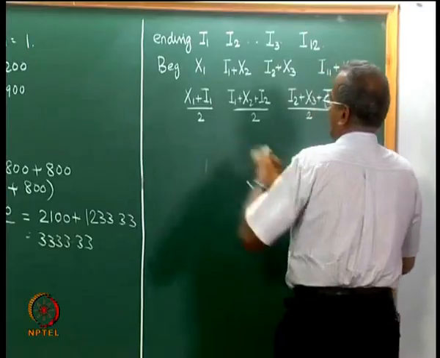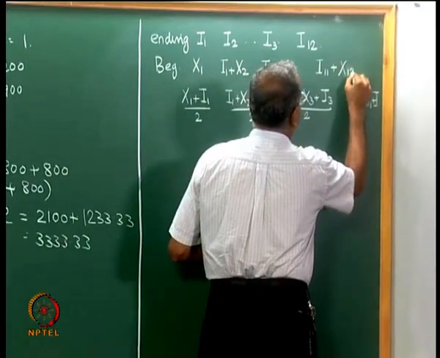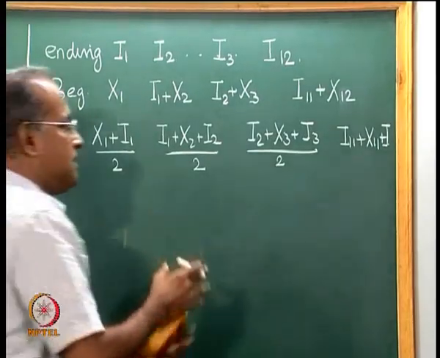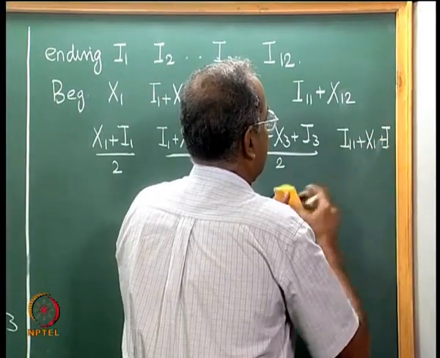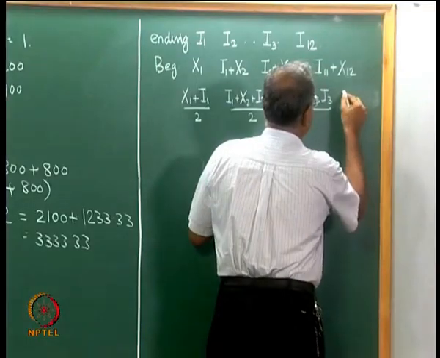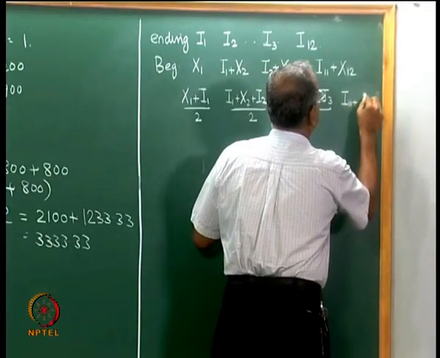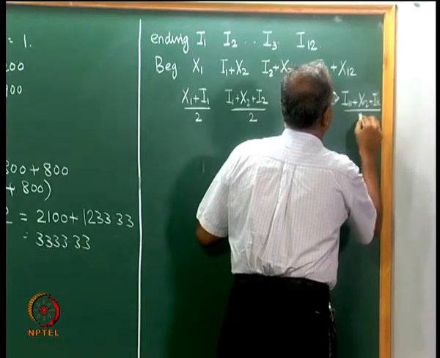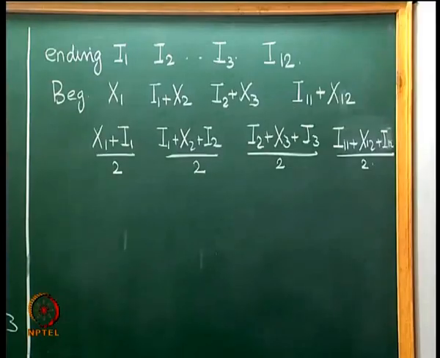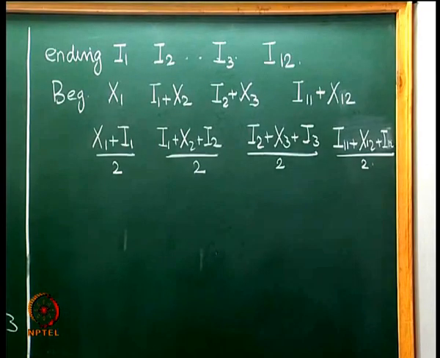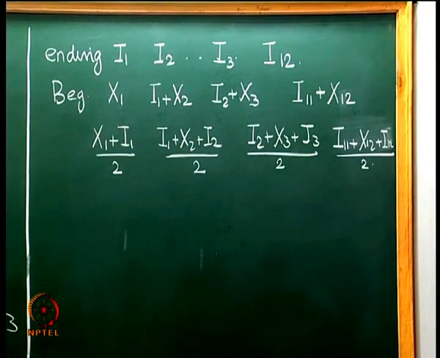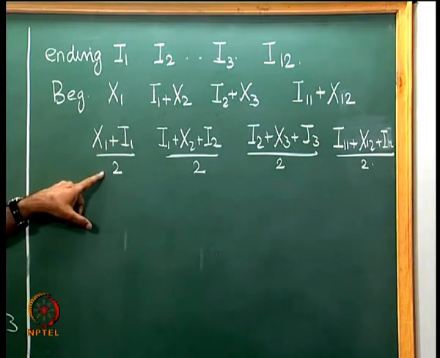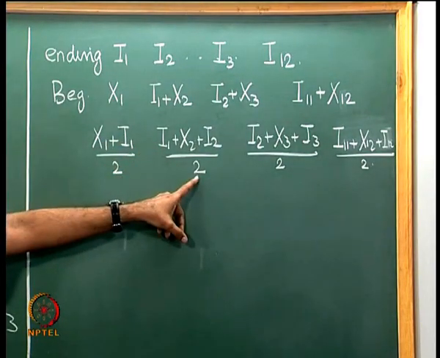For the 12th period, the beginning inventory will be I11 plus x12, because x12 is the quantity that we order. So this will become I11 plus x12 plus I12 divided by 2. Now if we sum all the average inventories, I1 divided by 2 appears here, and I1 divided by 2 appears here again.